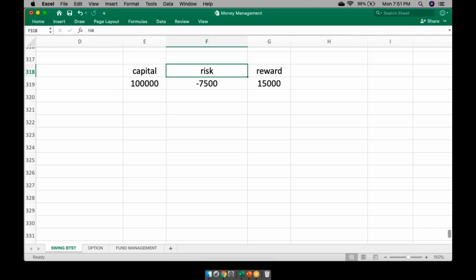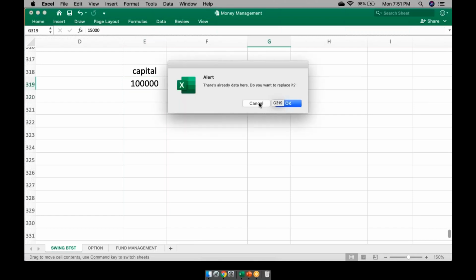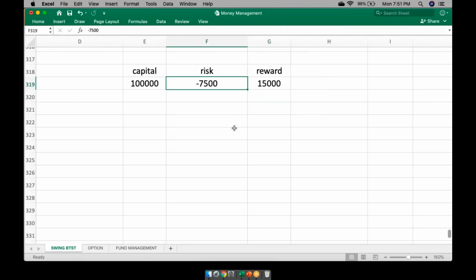Then you should at least make a target of 15,000 rupees as a reward. And the other way around: with a capital of 1 lakh rupees, if you are expecting a profit of 15,000 rupees, there should be a threshold of 7,500 rupees as a stop loss.